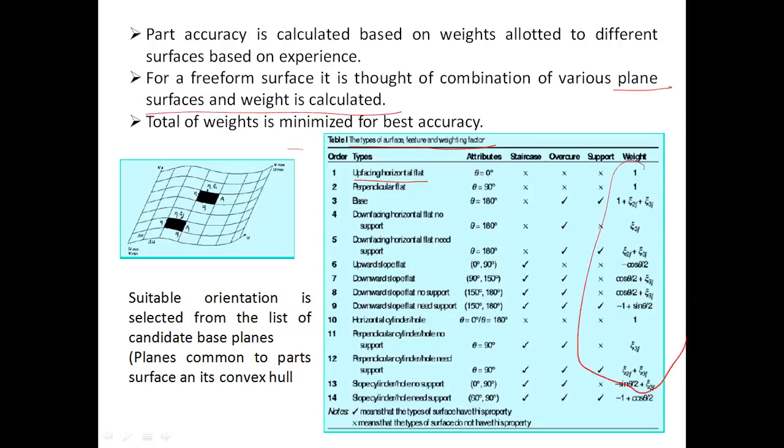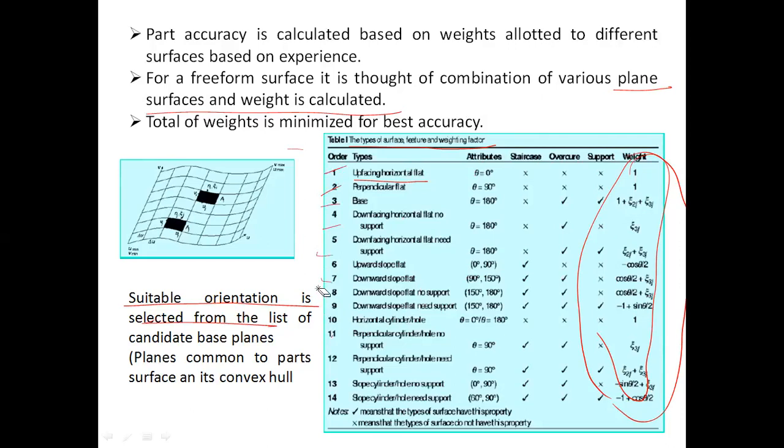Now these weights that you see over here are not standard weights. These are user defined. Based on Chang, he started finding the suitable orientation by first observing the number of surfaces that the part has.